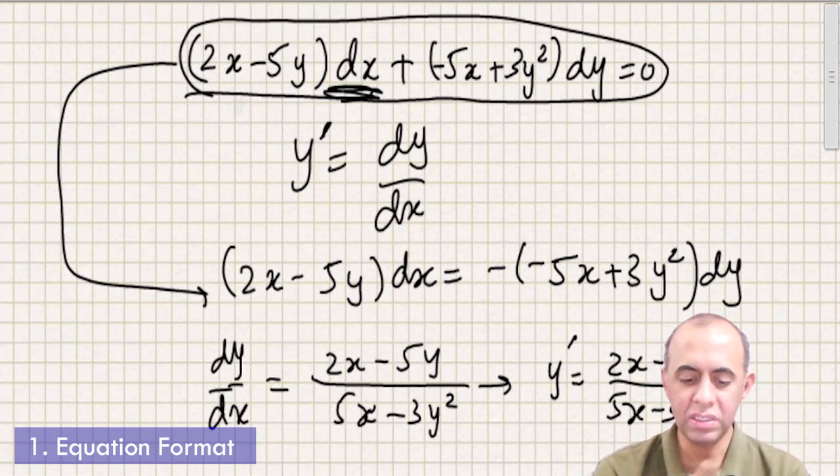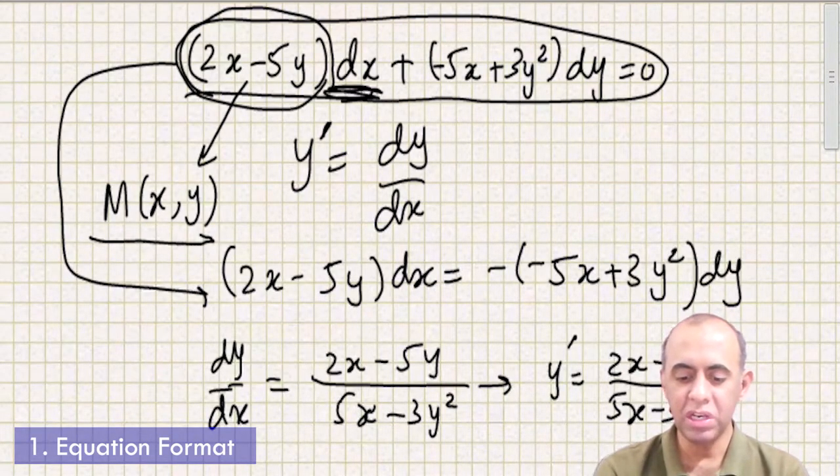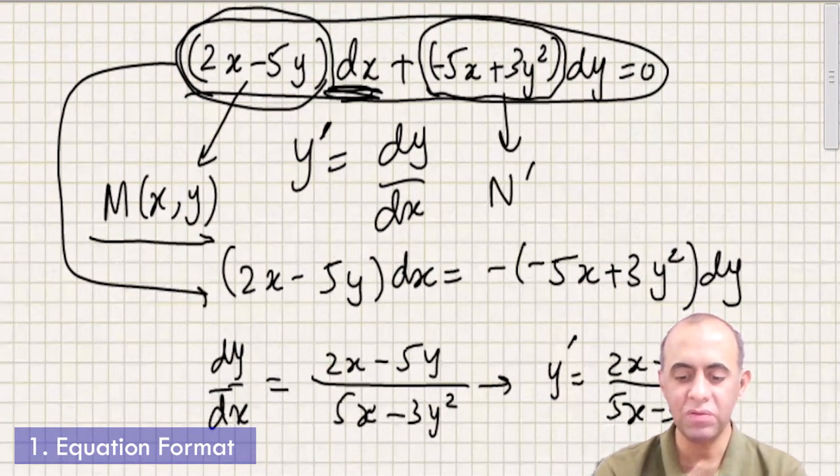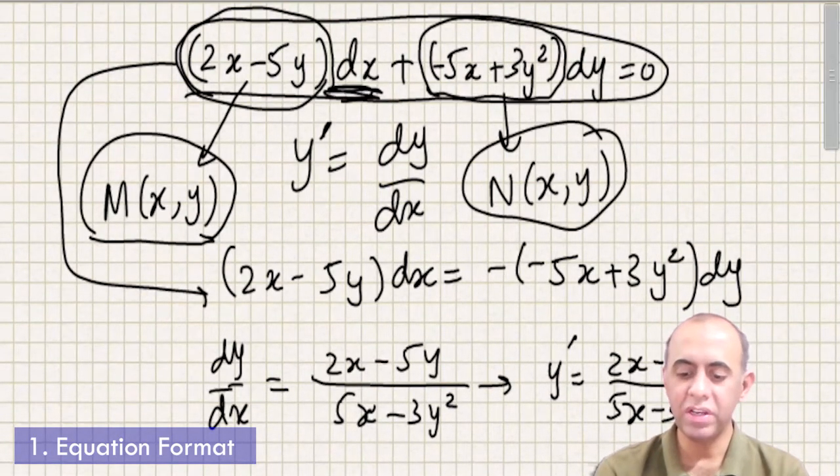Let me call all the coefficients of dx a function M of x comma y, and similarly, let me name all of the coefficients of dy as a function N of x comma y.